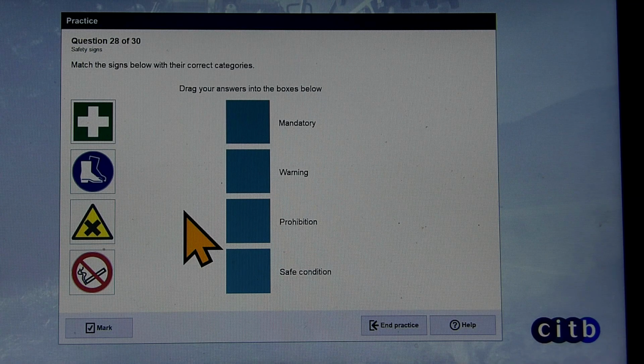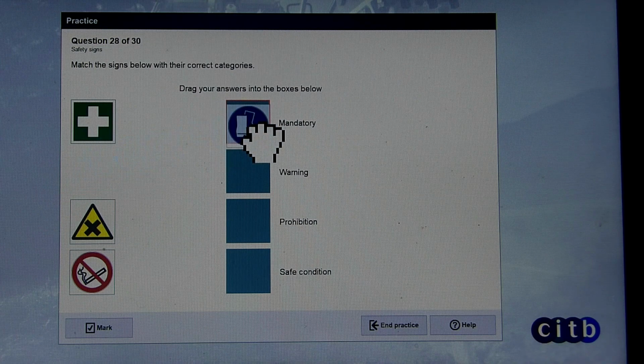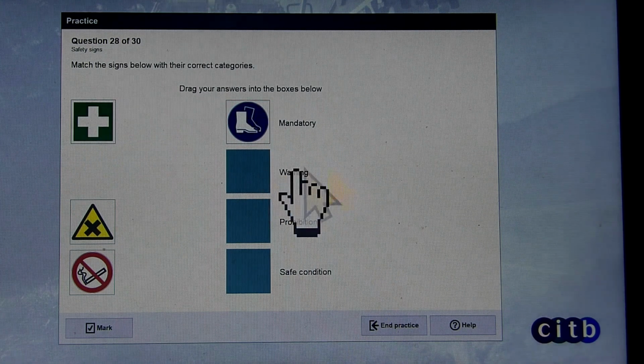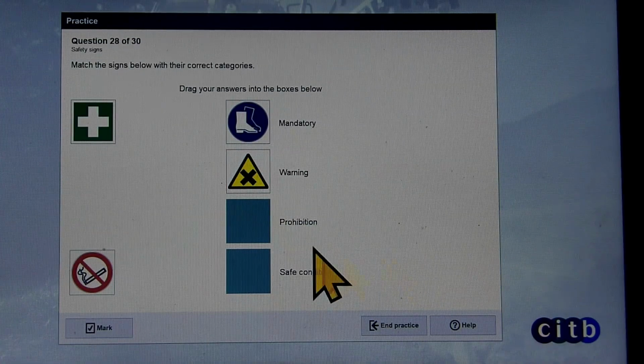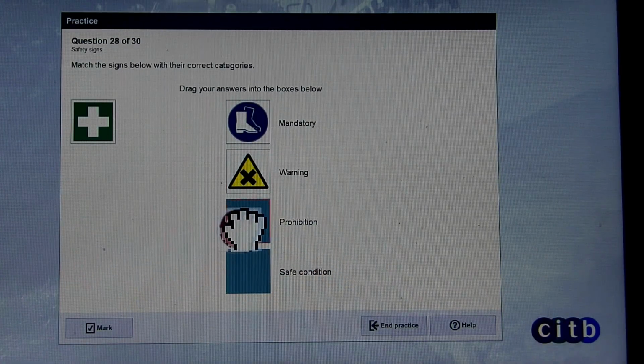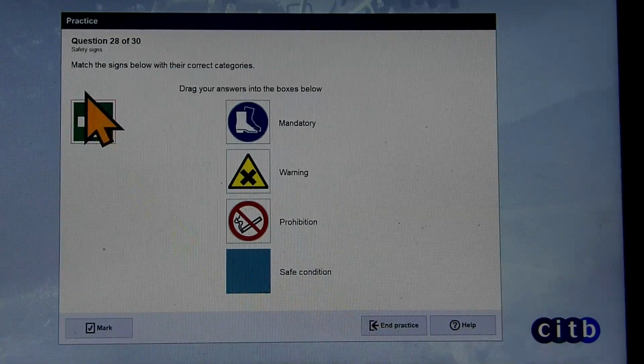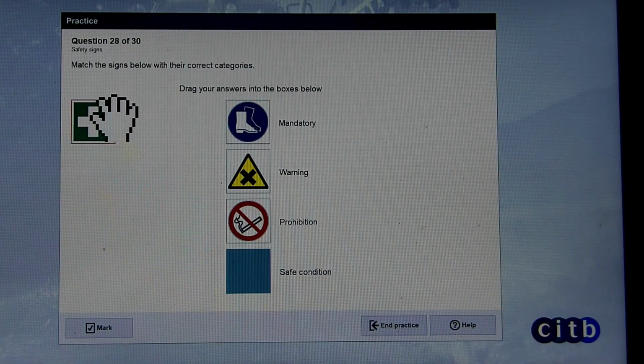Mandatory, we must use them. Blues are mandatory. Warnings are yellow in color. Prohibitions are red in color. Safe conditions are green in color.